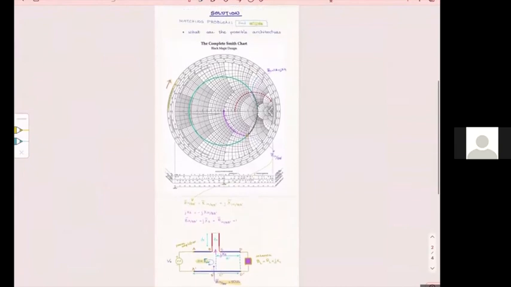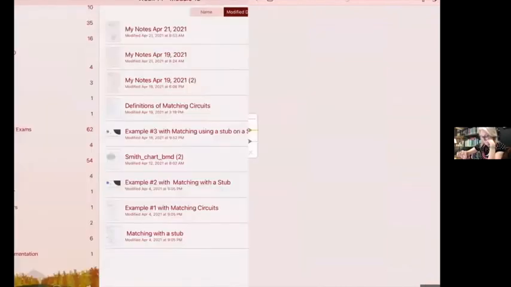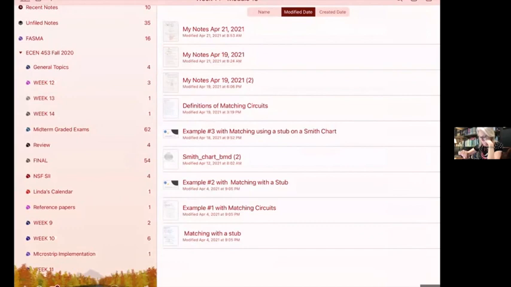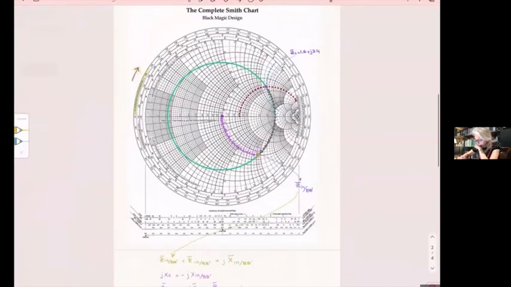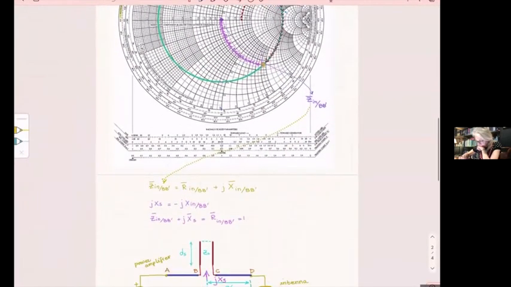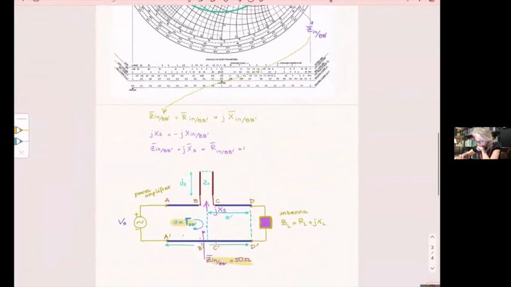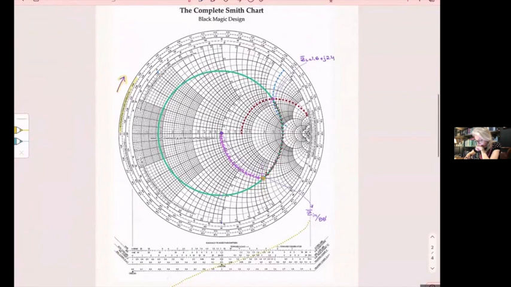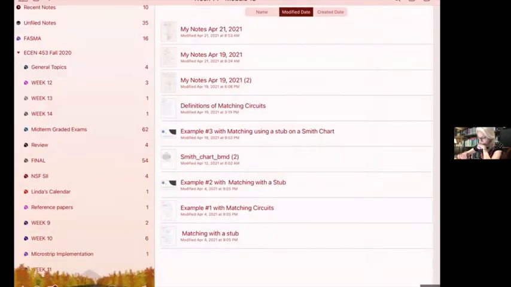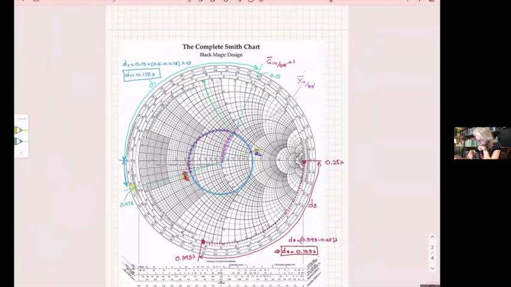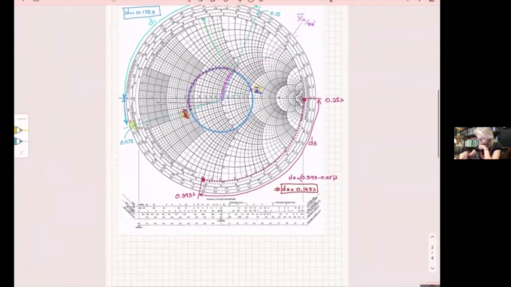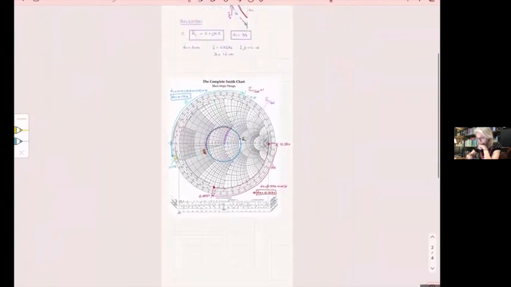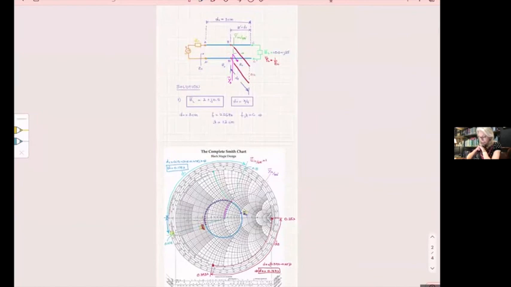Did we measure it? What did I not do? DS and Z prime. I think we did it. We solved it, see? The whole thing. Yeah, that is the one where I finished it.